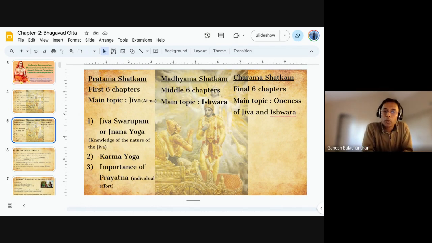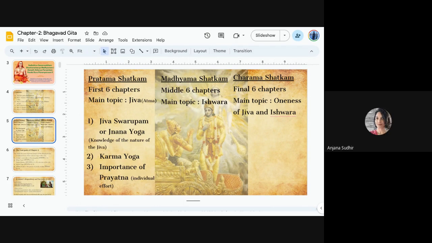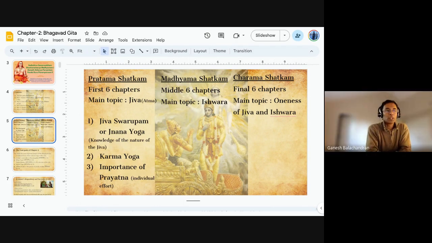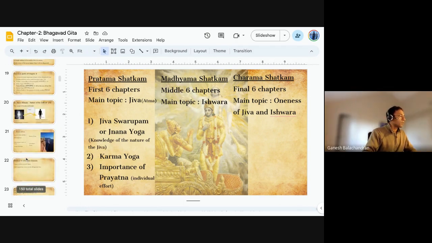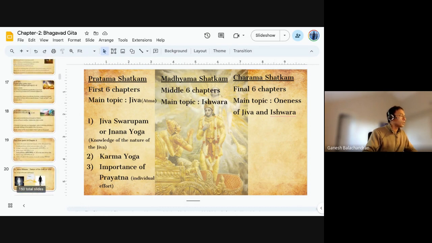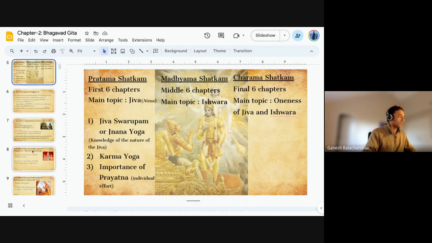How many types of yogas are outlined in Vedanta? Anybody wants to take a guess and tell me what those are? Is it Karma Yoga, Jnana Yoga, Bhakti Yoga? There are only two yogas. We've shown that before. There are only two yogas outlined in Vedanta.